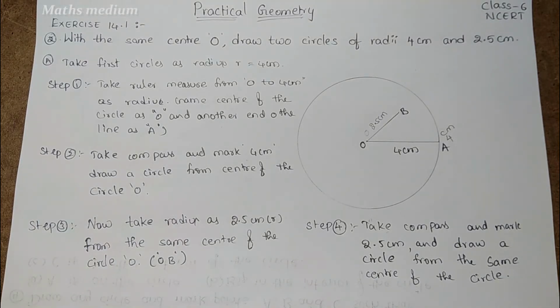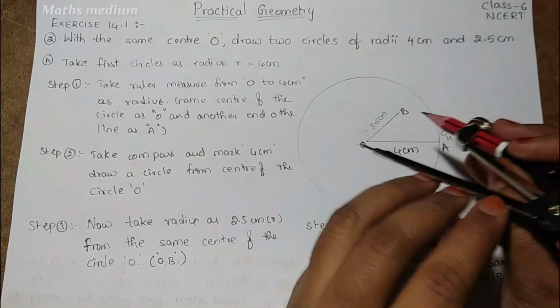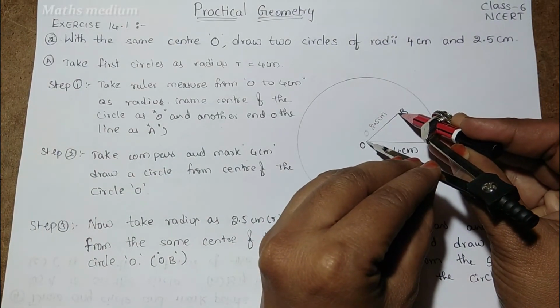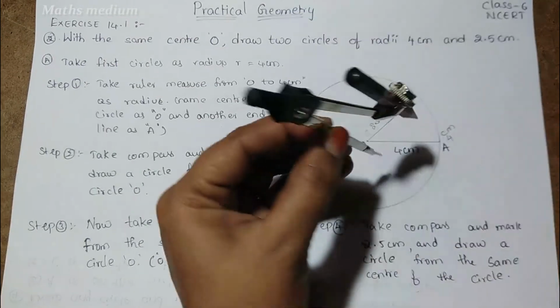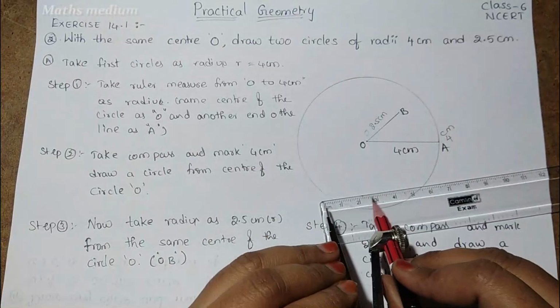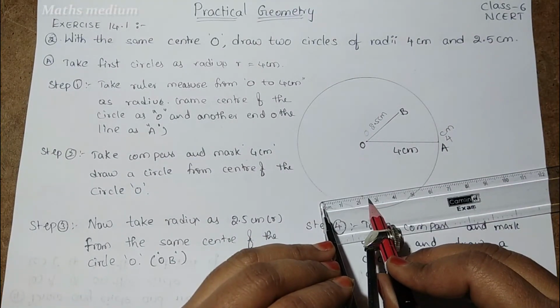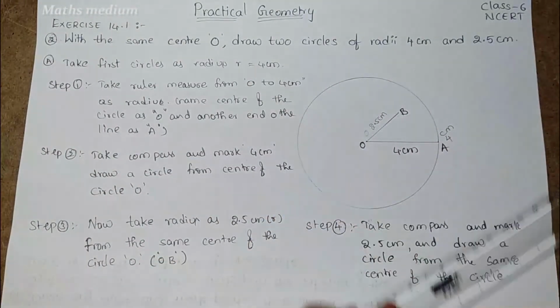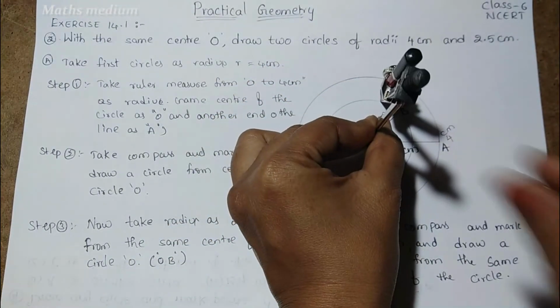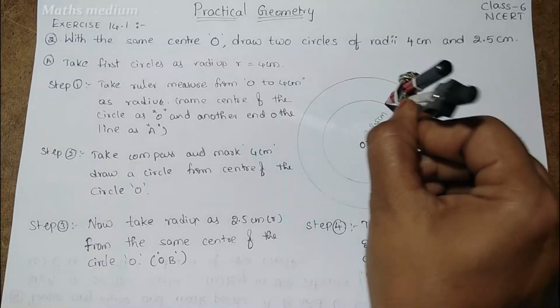So let's start. Take the compass. Same as usual, 2.5 centimeters here. See, this is 2.5 centimeters. If you have any doubt, take the scale also. So this is 2.5 centimeters. Yes, exactly. Now draw the circle like this.